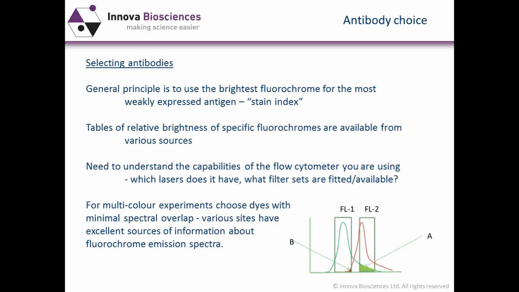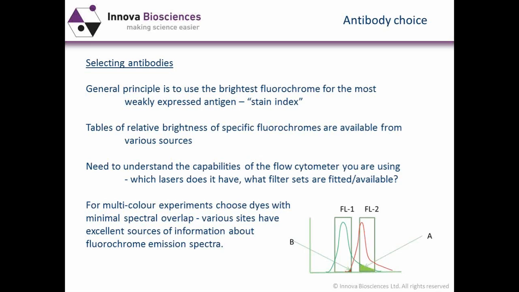May sound fairly obvious, but which lasers does it have? Which lasers should you be using for the particular fluorescent markers that you have available? And also what filter sets are fitted or are available for retrofitting to your instrument. Again, take advice from your flow cytometer manufacturer on these particular aspects.